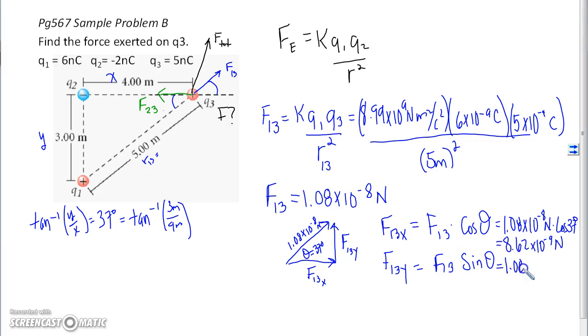If I do the same thing but with sine, I get this value, roughly 6.5 times 10 to the negative 9th newtons.